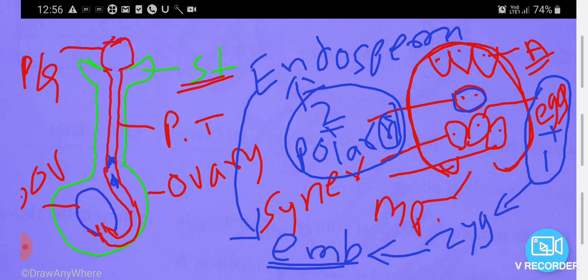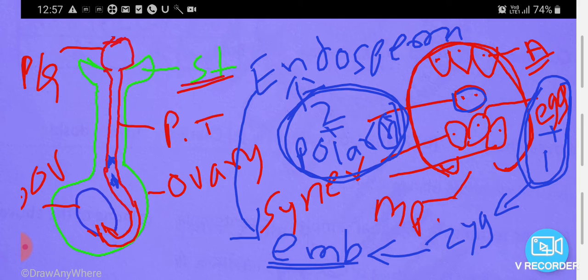As both male gametes are involved in the process of fusion, this process is also called double fertilization. Why is the process called double fertilization? Because two male gametes are involved in the process of fusion. One male gamete fuses with the egg cell and the second male gamete fuses with the polar nucleus.